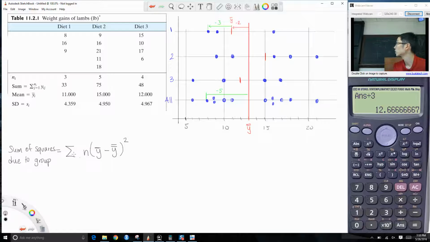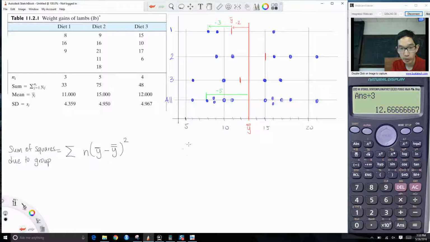The sum of squares due to group is basically the difference between the group mean and the grand mean squared, multiplied by the number of points within the group, added across all groups. Does that make sense?